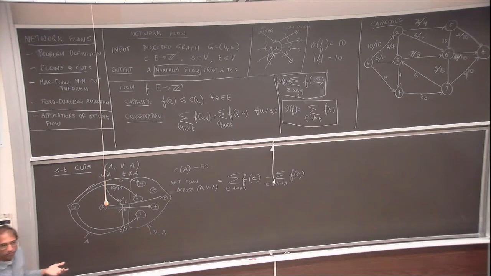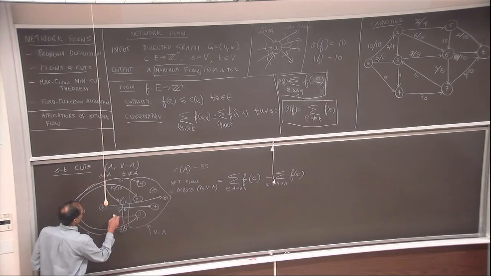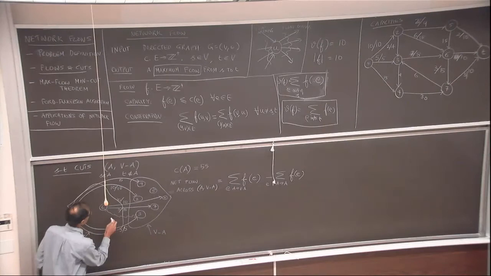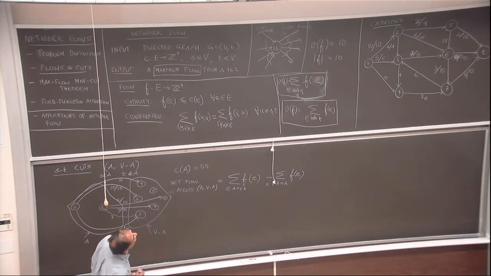Let's calculate the net flow. In this direction it is 10 plus 10 plus 3 plus 5, which we calculated to be 28. What about the reverse direction? 3 to 6 is 7.